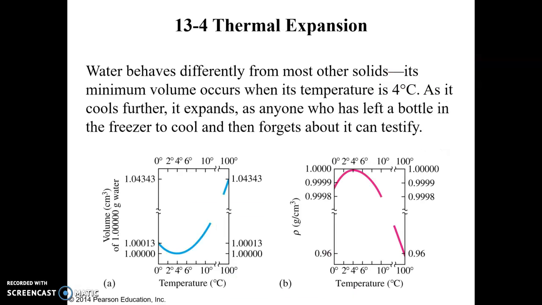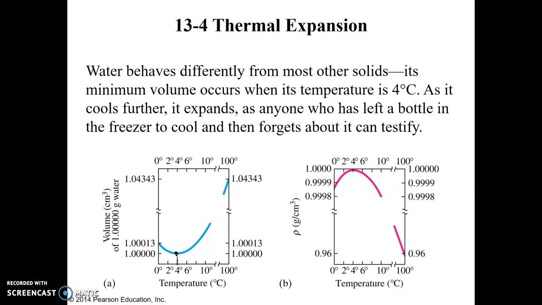So one interesting kind of exception to the rule that things expand when they are heated up and contract when they get colder is water. And the reason for that is because water reaches its smallest volume at approximately 4 degrees Celsius.